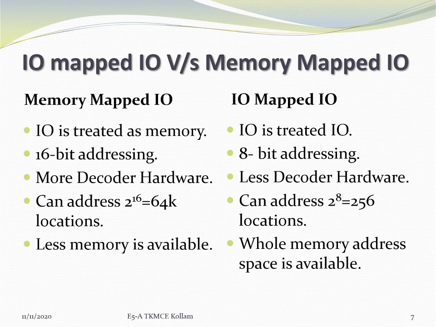The memory mapped I/O scheme requires more decoder hardware, but the I/O mapped I/O scheme requires less decoder hardware. The memory mapped I/O scheme can address 2 raised to 16, that is 64K locations, but the I/O mapped I/O scheme can address 2 raised to 8, that is 256 locations.